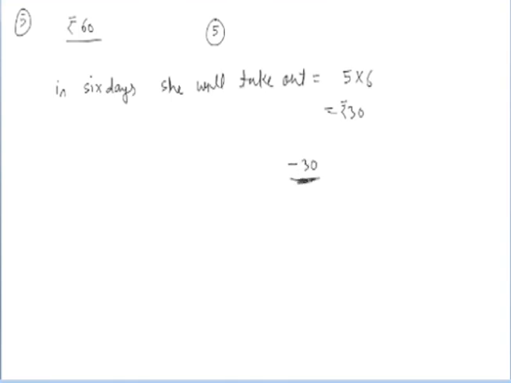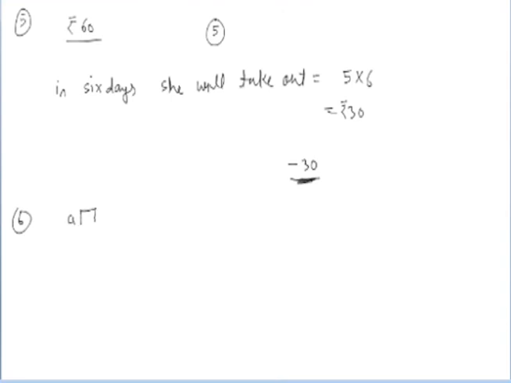Each day she takes out 5 rupees, so 5 rupees into 6 days is 30 rupees. But it is decreasing, so the sign will be minus. So the change is minus 30.